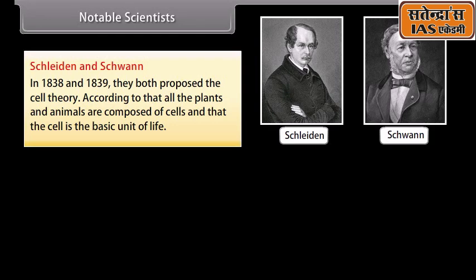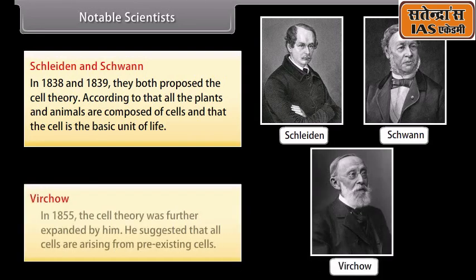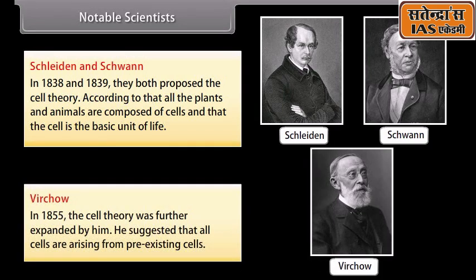According to that, all the plants and animals are composed of cells and the cell is the basic unit of life. Virchow. In 1855, the cell theory was further expanded by him. He suggested that all cells arise from pre-existing cells.